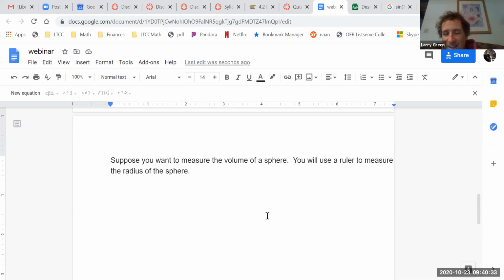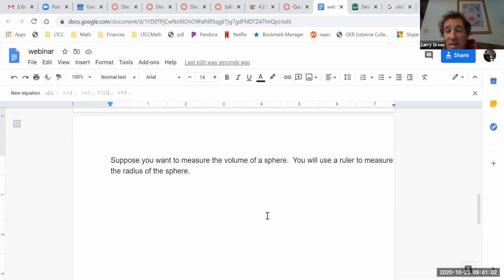So how accurate do you think you can measure it? If I asked you to find the nearest ball that you have at home, you probably have a ball, whether it's a baseball or a soccer ball or a softball. And I said, go out and get your measuring stick, your ruler, and measure it. And you came back, how accurate do you think you can get with that measurement for the radius? Somebody's got to chime in.